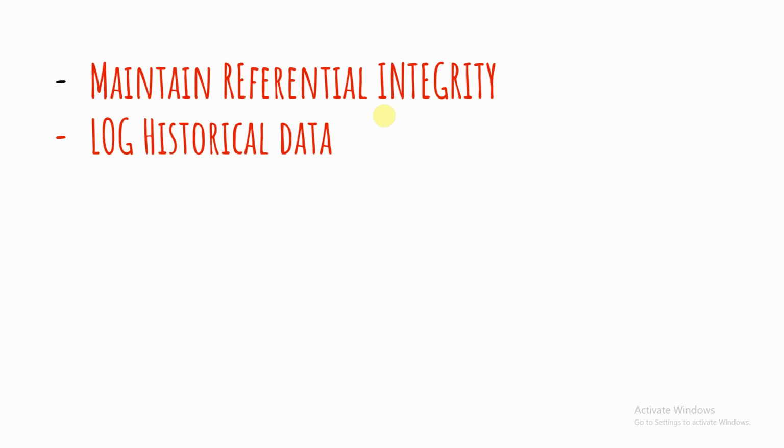For example, we have different tables in our system, and we define some referential integrities between more than one table, right? For example, there is a table 1 and table 2, and between them there is a referential integrity, meaning a foreign key or primary key relationship exists between those tables.